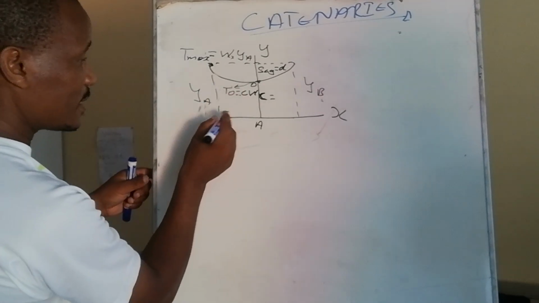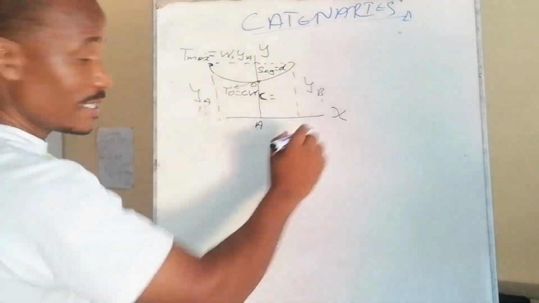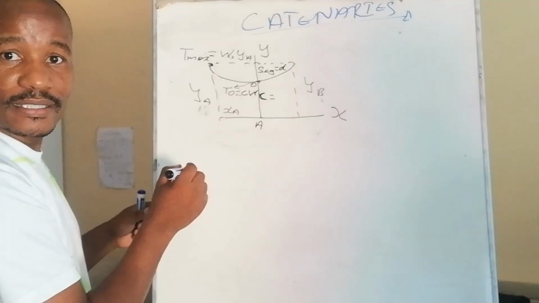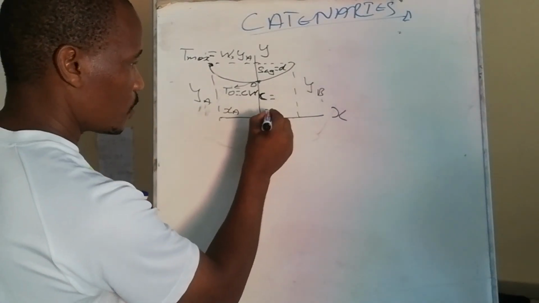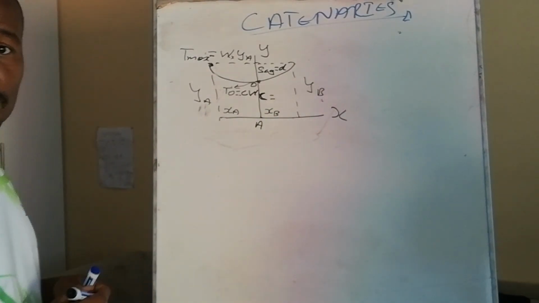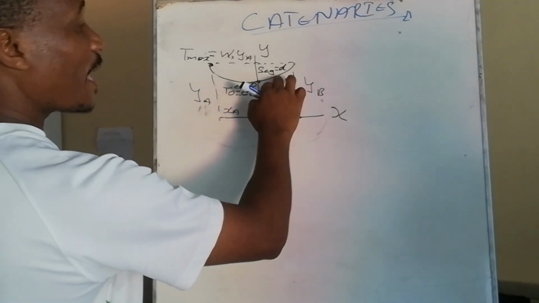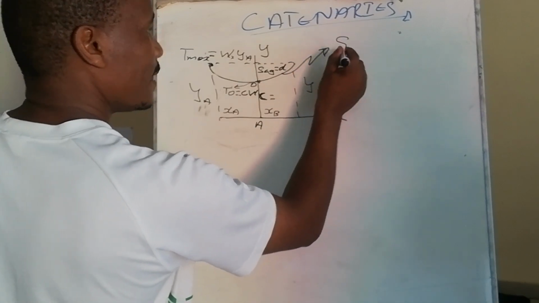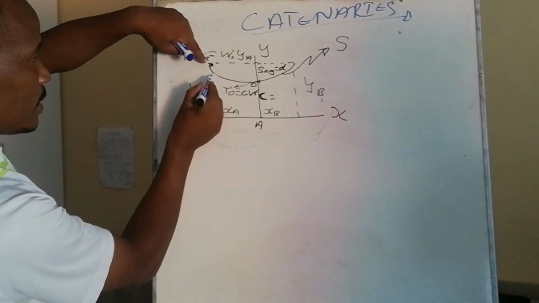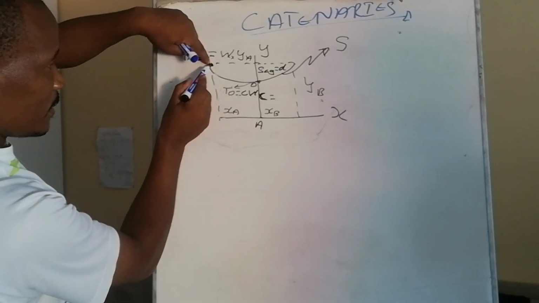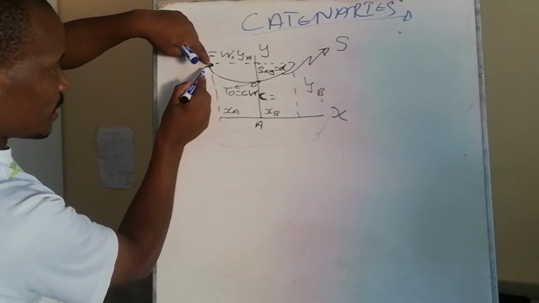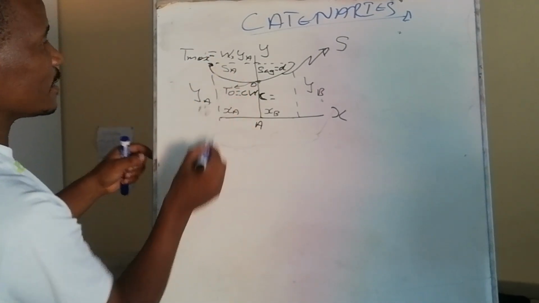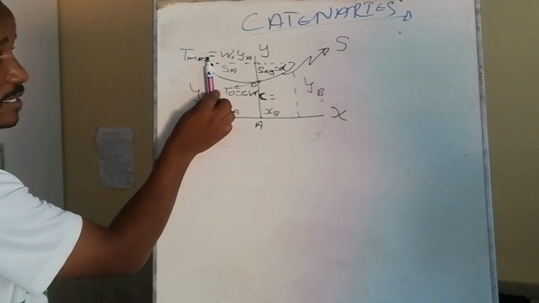Two formulas. The distance, this is the horizontal axis. The distance from here to there, you can call it XA. From here to there, you can call it XB. Now, this cable length is denoted by the symbol S. The length of the cable from there to there, you can call it SA, because this is the A side.